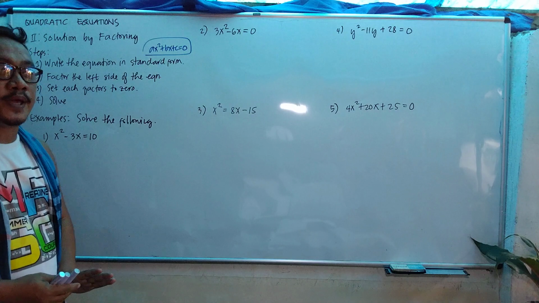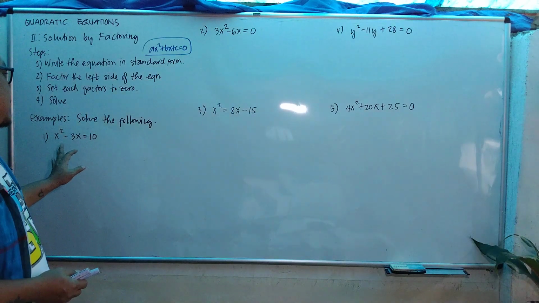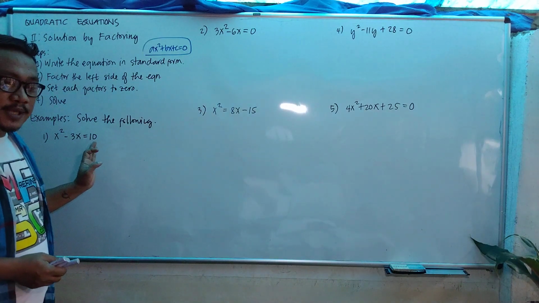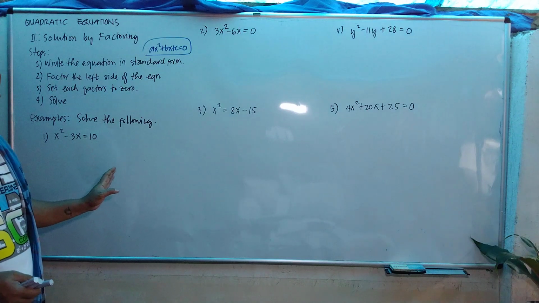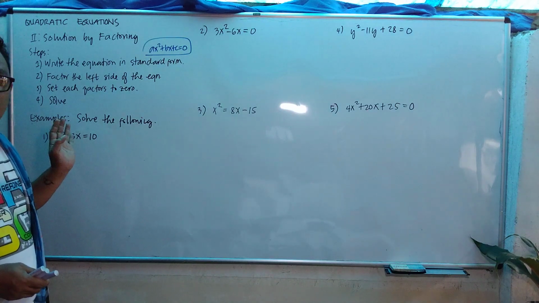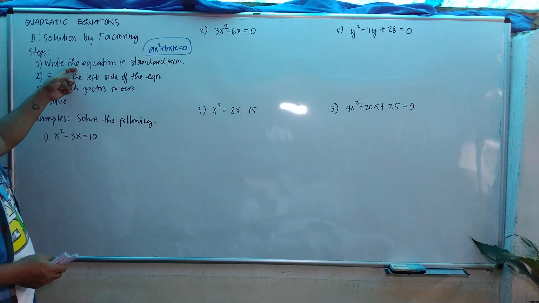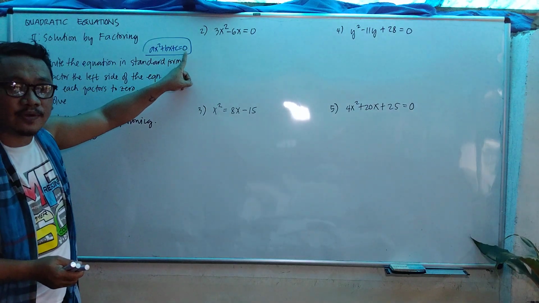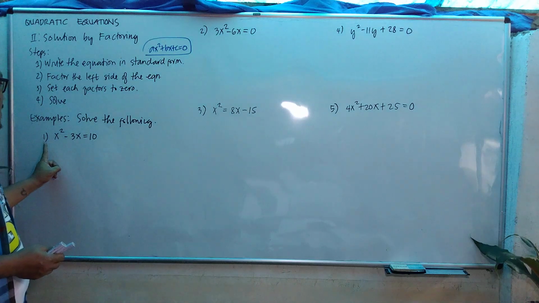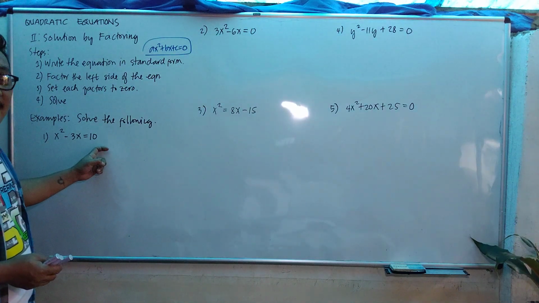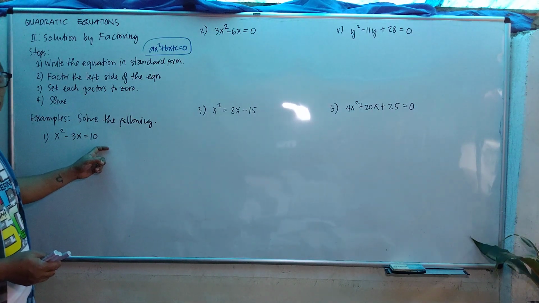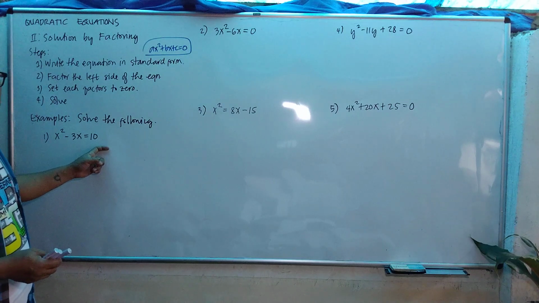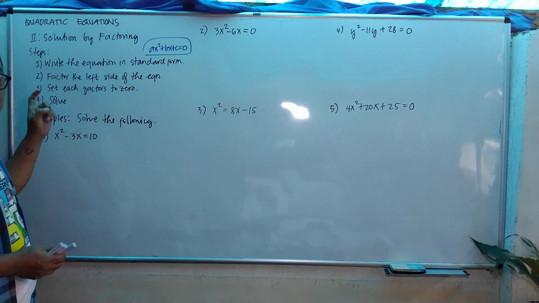Solve the following. Number 1: x squared minus 3x is equal to 10. The first step is to write the equation in standard form. The right side of the equation should be 0. In our example number 1, we have 10 on the right side, so we will transpose 10 to the left side.